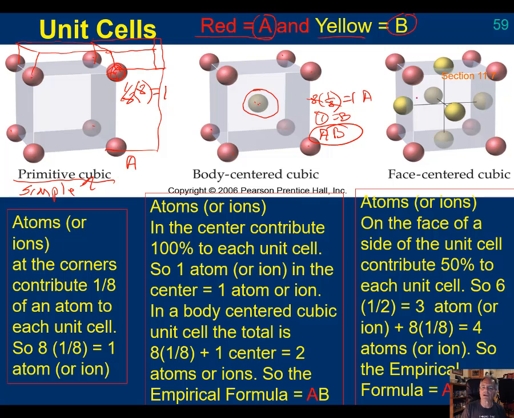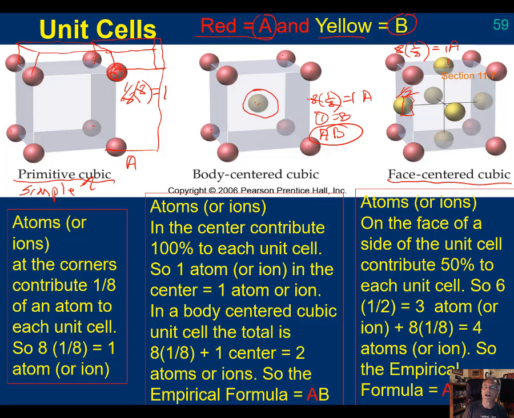And so our empirical formula for this substance is AB. Let's take a look at a face-centered cubic. This face-centered cubic has the corners. We're familiar with those now. Those are the reds, and that's the 8/8. So the reds will be 8 times 1/8, which again is just 1 red. That's the A. And then we have these guys. Each of the yellows in this face-centered are contributing 1/2 of their volume to the single unit cell.